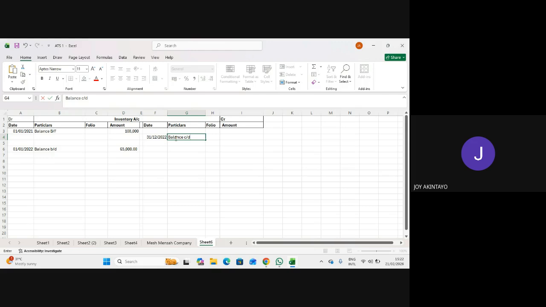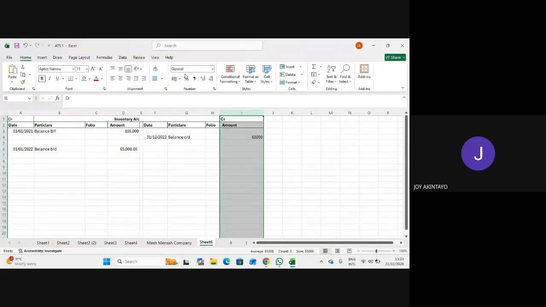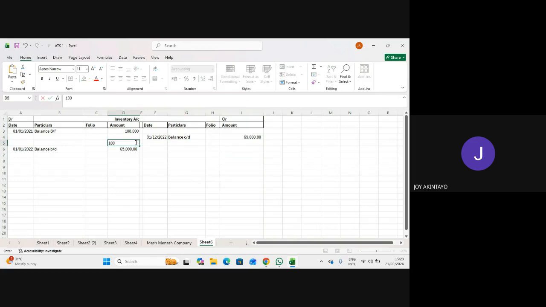Naira. So the difference between this and this, what do we have? So this one will be 108.